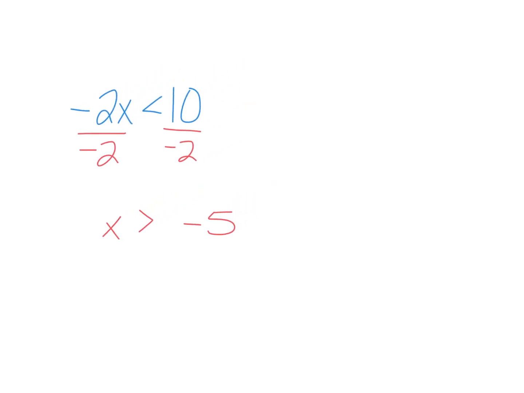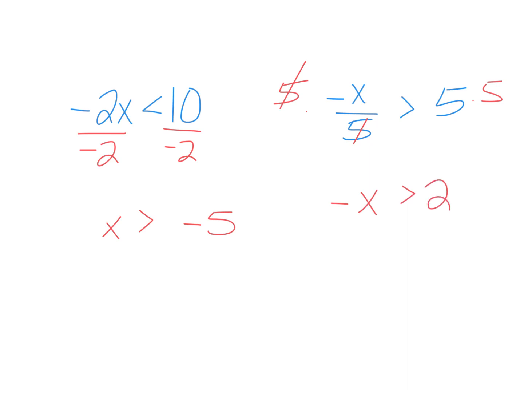If I look at an example with multiplying, what do I need to multiply by to get x by itself? Multiply by 5. So I have negative x is greater than 25. What would my last step be?